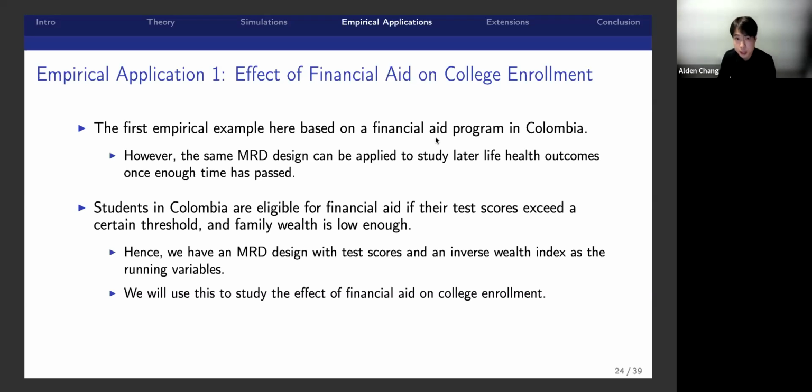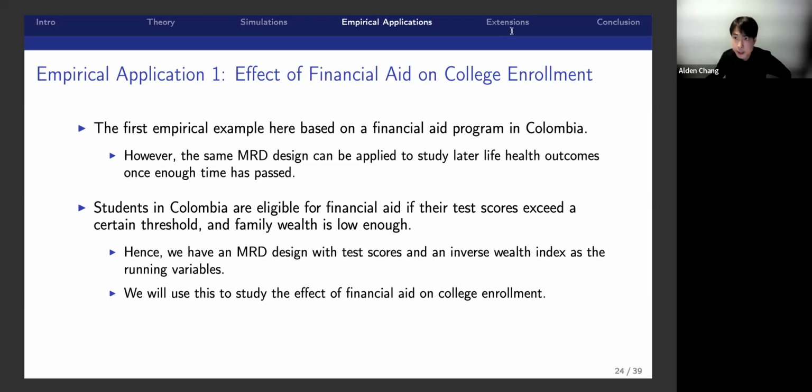For example, if we are interested in the effects of college going on later life outcomes, we can use a fuzzy MRD design. In the first stage, we can look at the effects of financial aid eligibility on college enrollment. And for the reduced form, we can estimate later life health outcomes and look at the effects of financial aid eligibility on that outcome, and then take the ratio as is standard in IV settings.